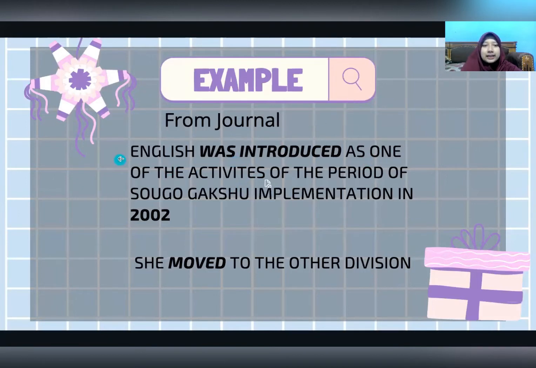This statement: English was introduced as one of the activities of the period of Sogogatsu implementation in 2022. This is past tense because the sentence explains a past event.